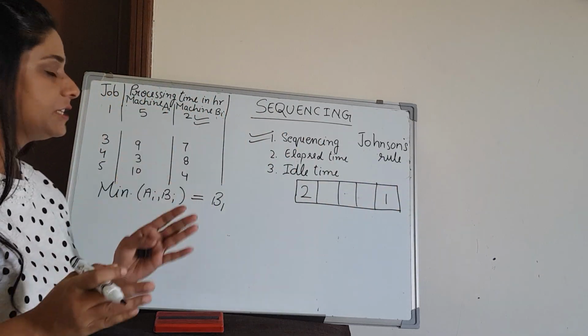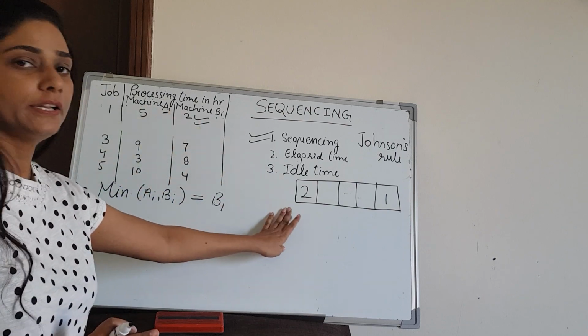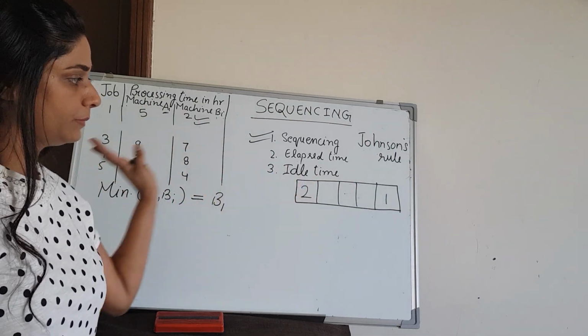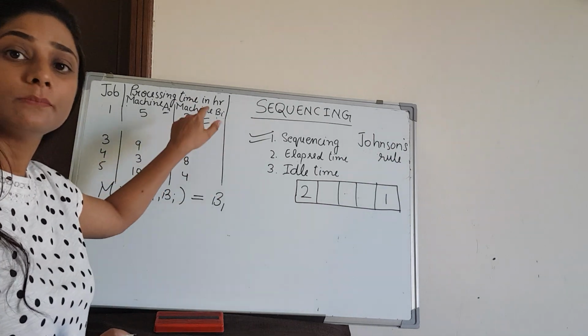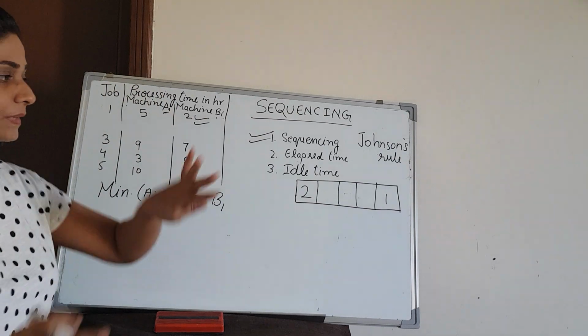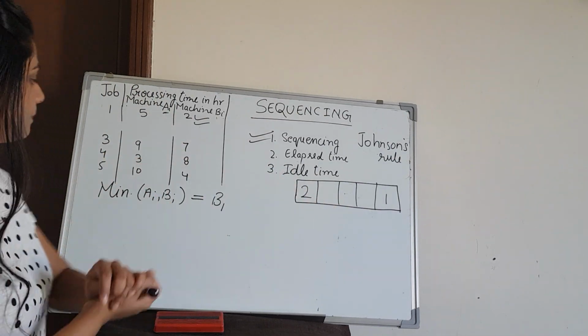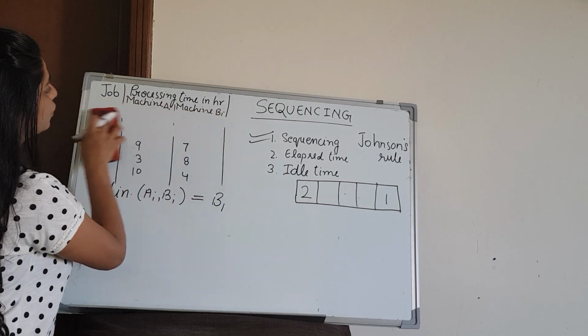If we get the minimum time from machine A, we will fill from the starting point, or the left hand side. If we get the minimum time from machine B, we start from the ending point, or the right hand side. Clear? Now this row we will remove.